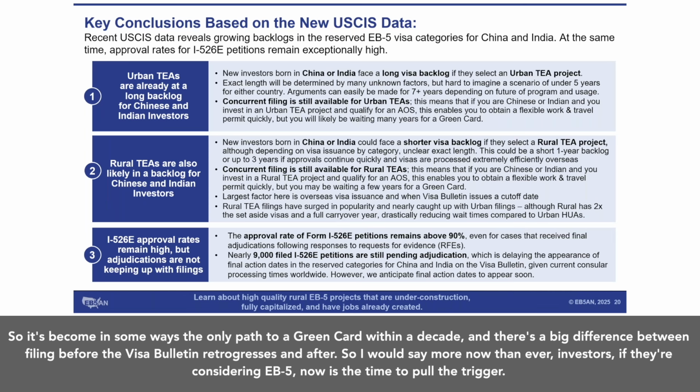So it's become, in some ways, the only path to a green card within a decade, and there's a big difference between filing before the visa bulletin retrogresses and after. So I would say more now than ever, if investors are considering EB-5, now is the time to pull the trigger.